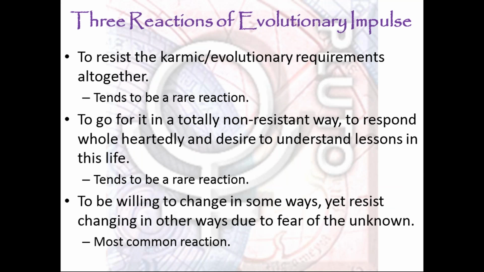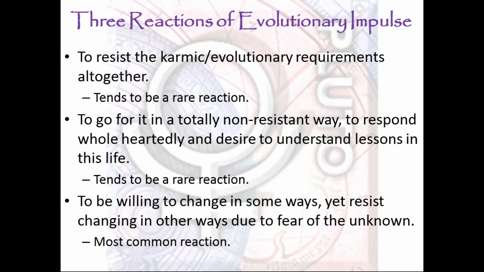There are 3 reactions to the evolutionary impulse. 1, we can resist it as much as possible. 2, we can go for it 100% or 95% and just embrace it altogether. Both of those tend to be rare reactions or choices. The most common one is 3.